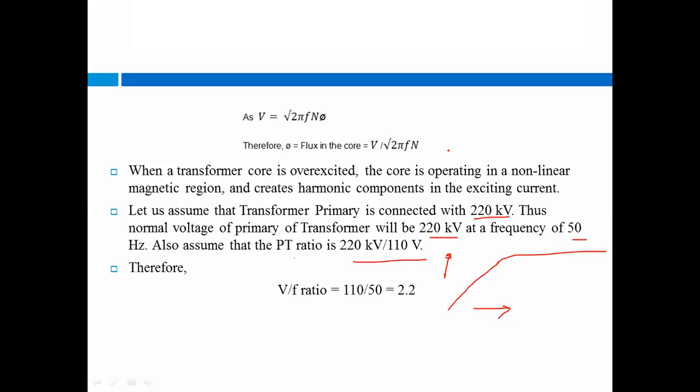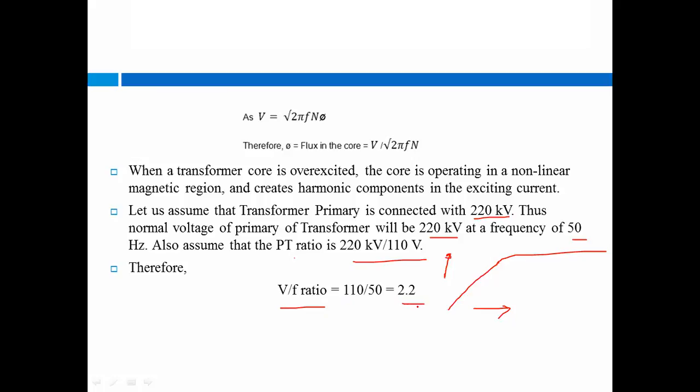Okay, म्हणजे 2.2, हा जो रेशो आहे V by F ratio. So you have to operate your transformer within or below this limit only.